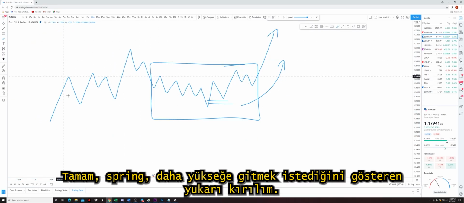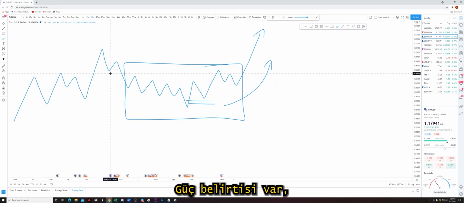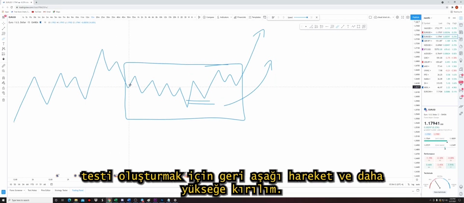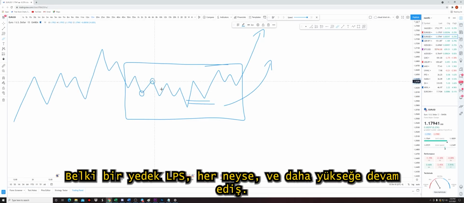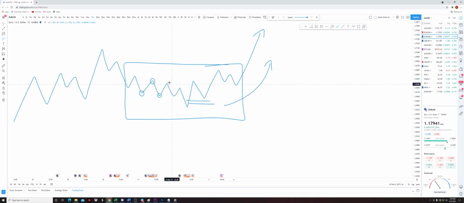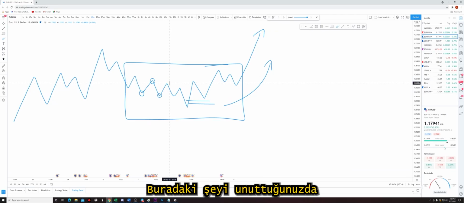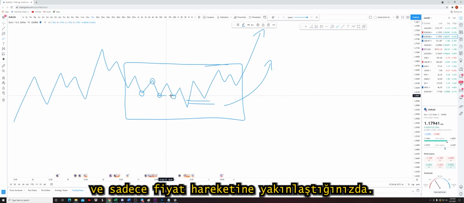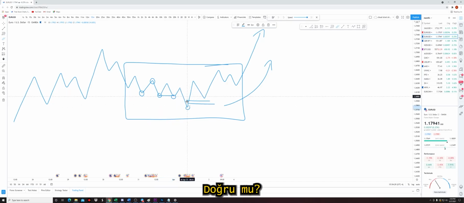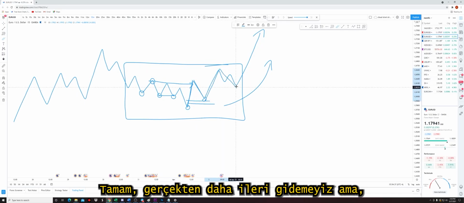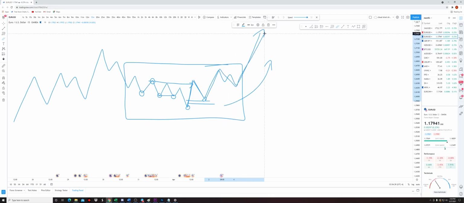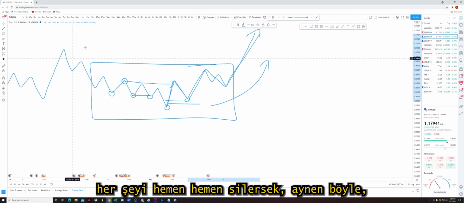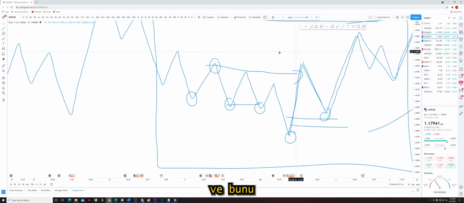If you don't pay attention to all this previous price action and notice how price comes down, makes a big back up, comes down, makes another back up, comes down, makes your selling climax, AR, ST, creating relatively equal lows, doesn't get above here, doesn't have to, it can, but it doesn't, ST and B getting just below here, okay, spring, the break above that shows you that it wants to go higher, there's a sign of strength, the move back down to create the test, and the break higher, maybe a backup, LPS, whatever it is, and the continuation higher.